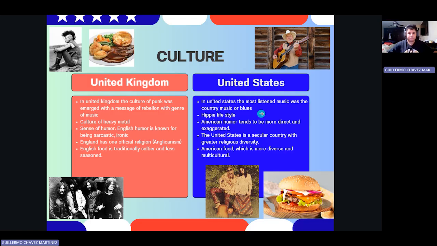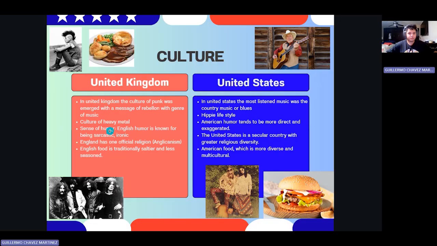In the United States, the most listened music was country music or blues. There was also invented the culture of heavy metal. Also, in the United States, there was the hippie lifestyle. Those are cultural and historic movements in both countries.